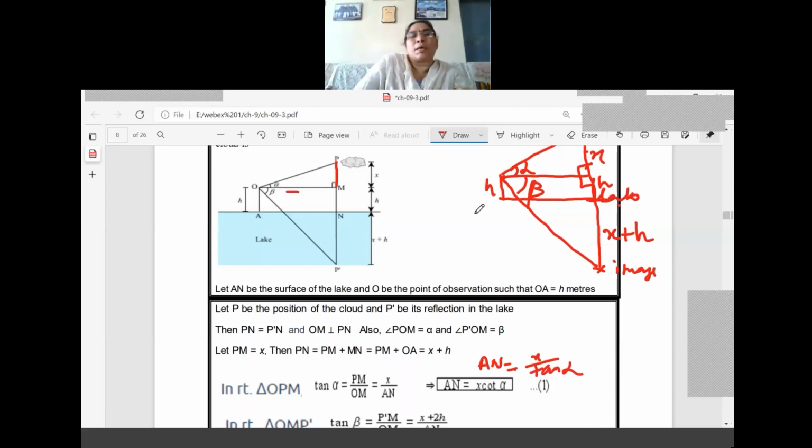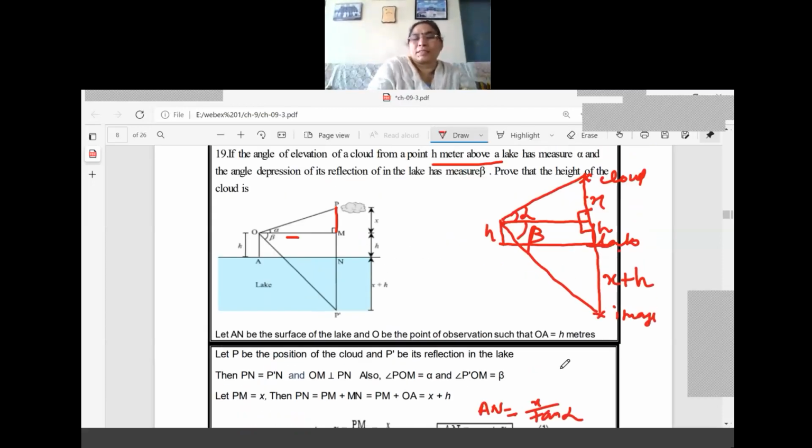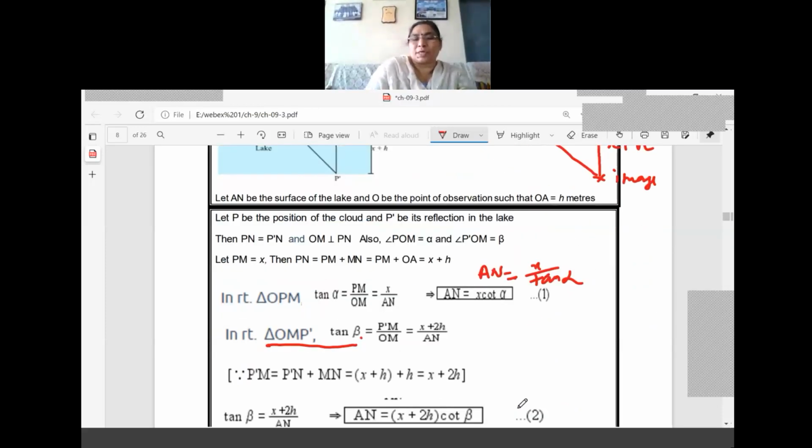Next, OMP dash, where P dash is the image of the cloud. Tan beta is formed from triangle OMP dash. The opposite side is x plus h up to the lake and h above, so x plus 2h, by AN.